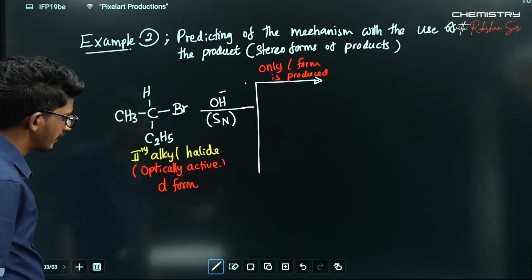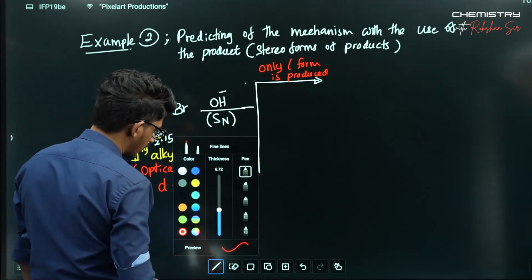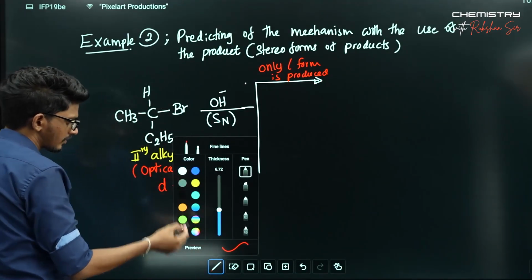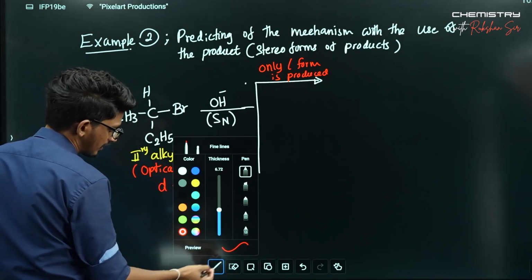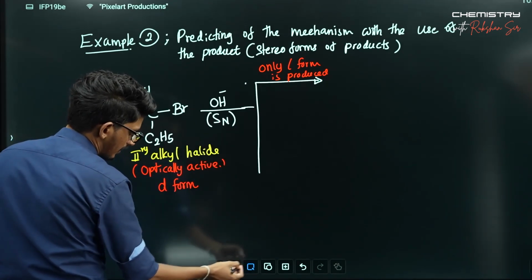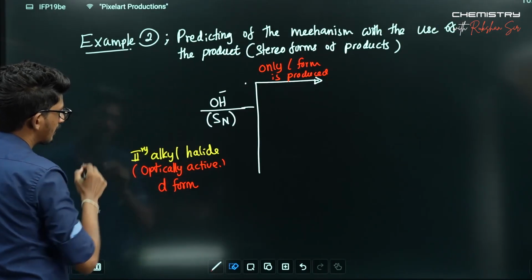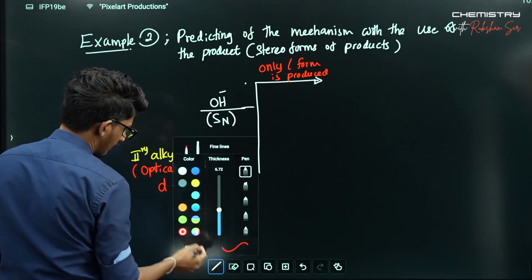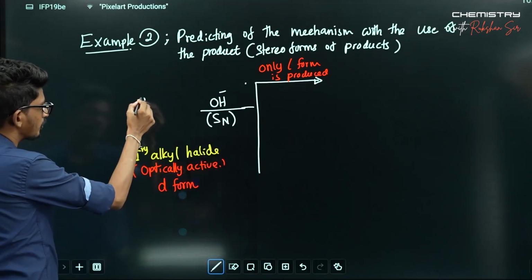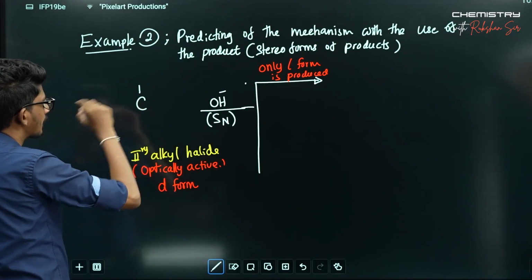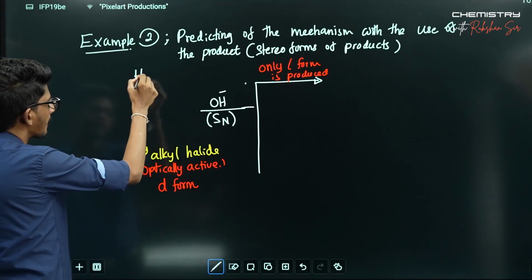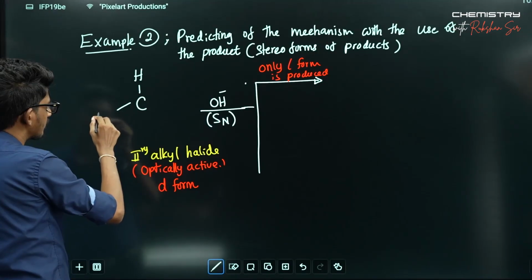It's like this. If you think of the stereochemistry of this thing, we can write the same compound like this, with the use of the stereo knowledge.